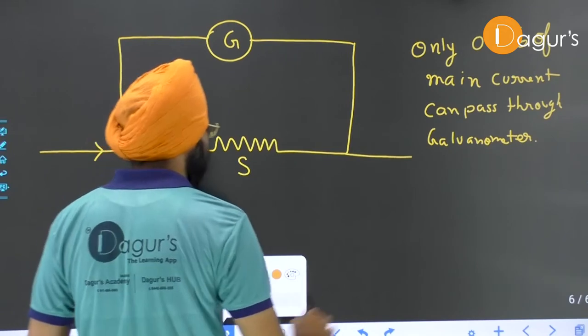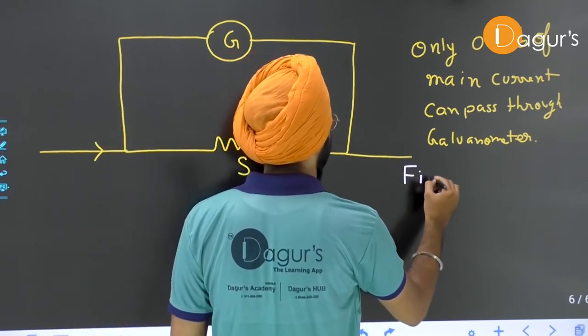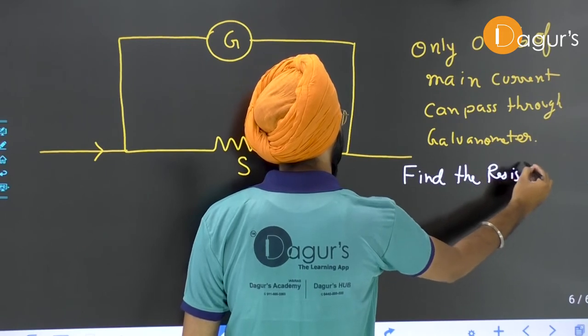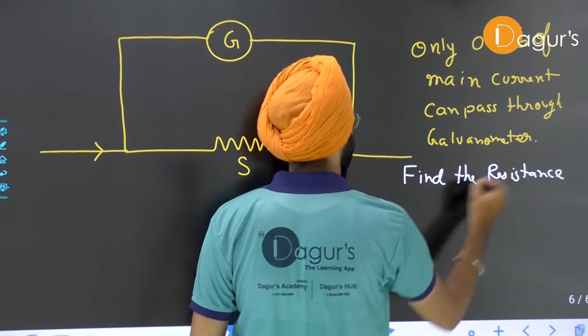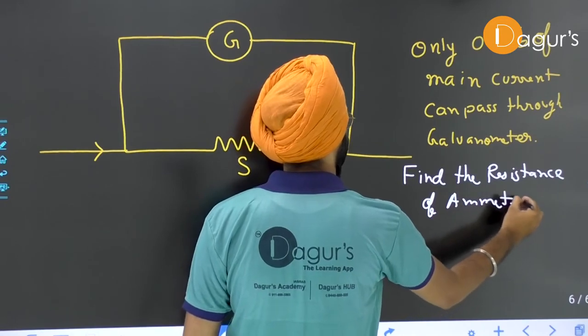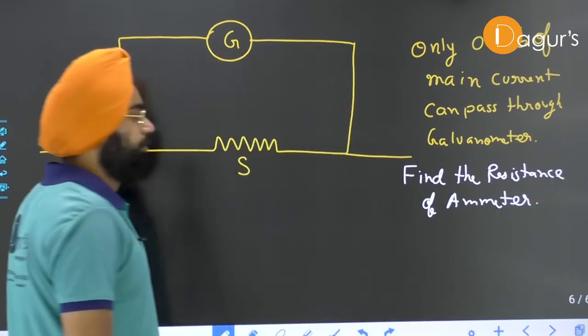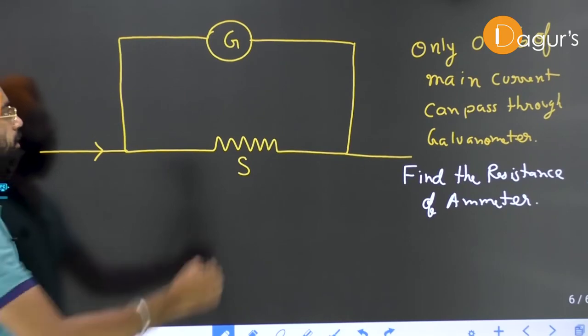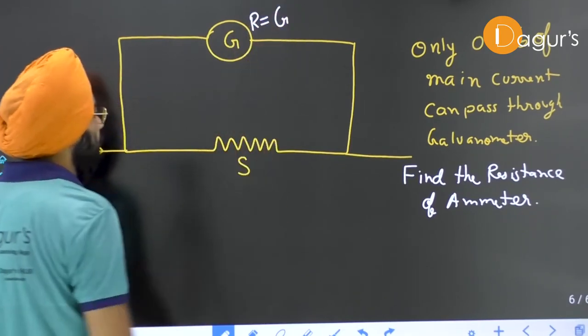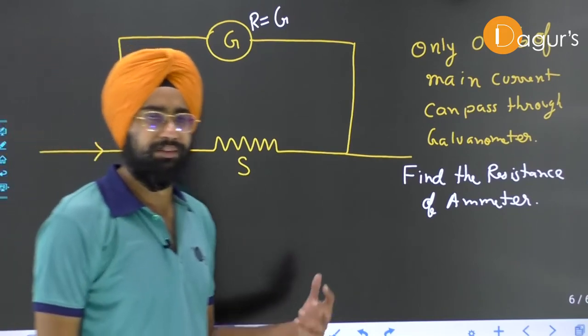We have to find the resistance of the ammeter. The resistance of the galvanometer is given as G and the resistance of the shunt is given as S.